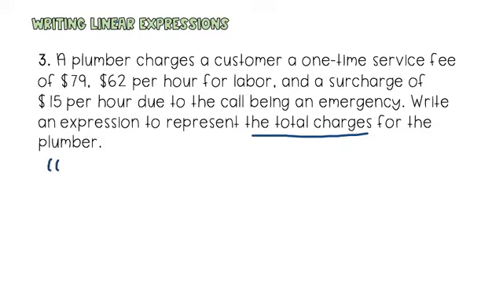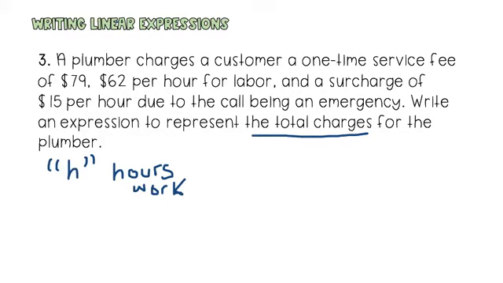So I can use any letter to represent my variable, but I'm going to choose H. And H will represent the hours that the plumber is working. Now I can begin writing my expression to figure out how much the plumber is going to cost altogether.